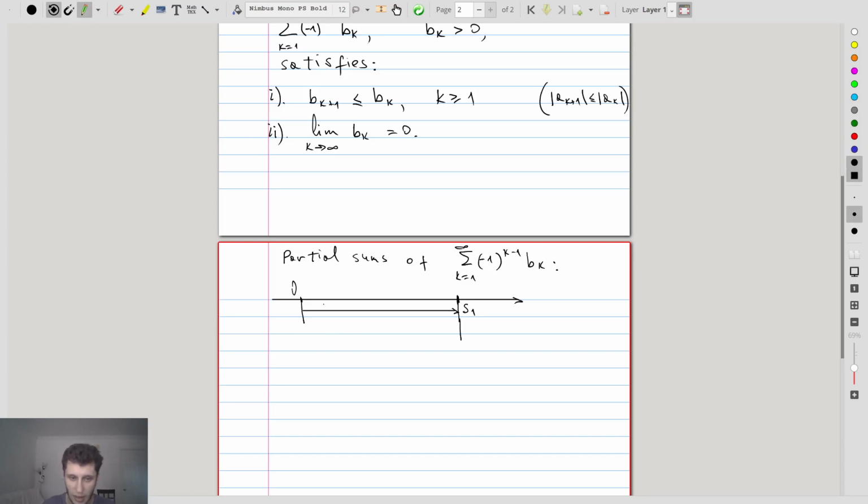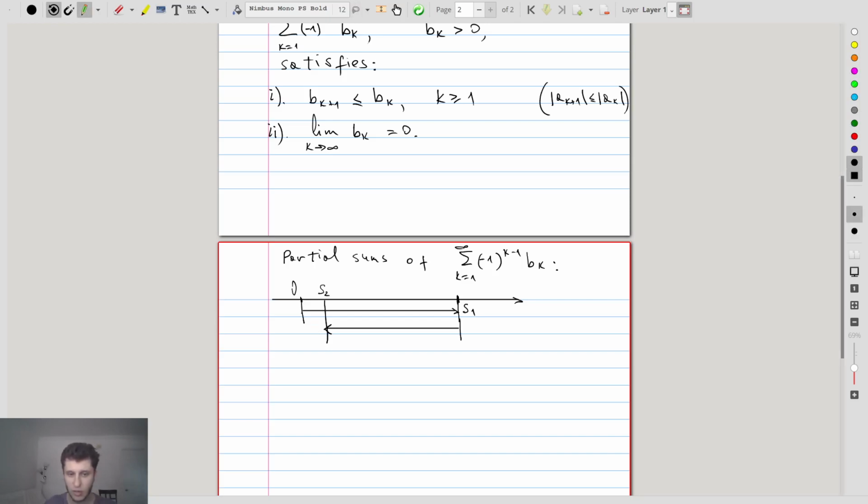So S2 is going to be shown by a vector that starts at the value S1 and ends up over here. So this is the value S2. Right? So I'm going to show it here on the graph, like so.